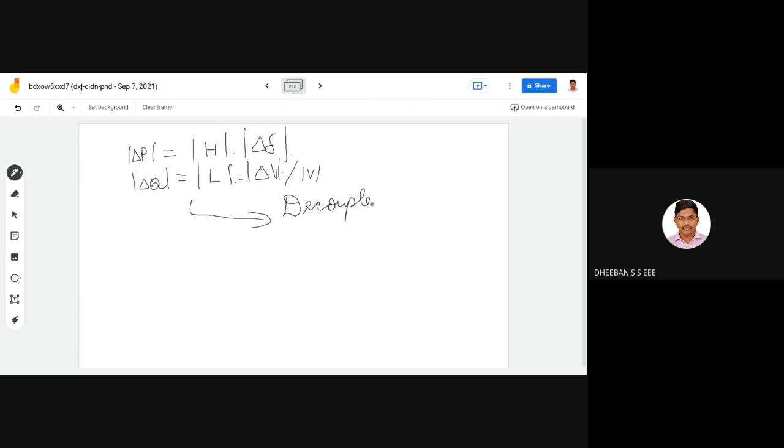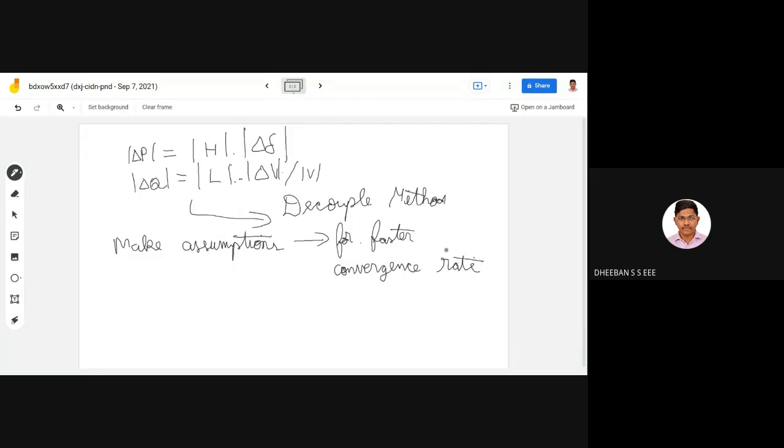Regarding the fast decoupled method, this is what you have seen until your decoupled method. For the fast decoupled method, we will be making use of some more assumptions to achieve a faster convergence rate.